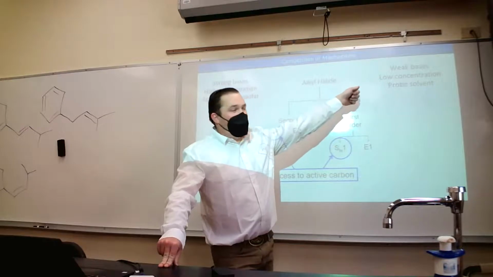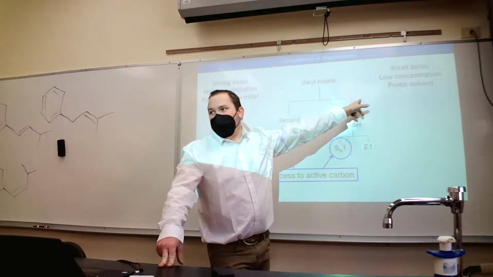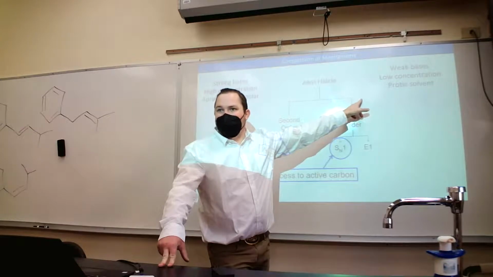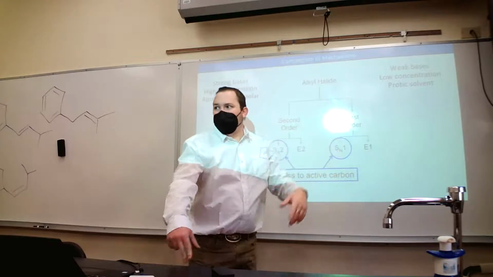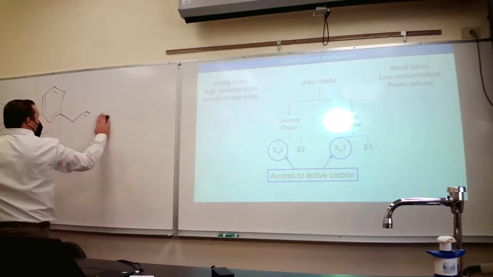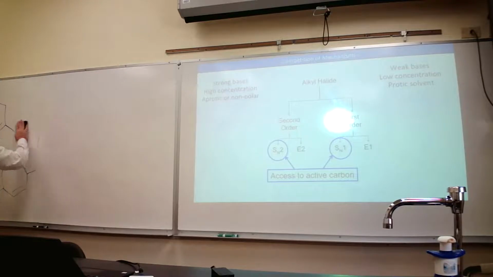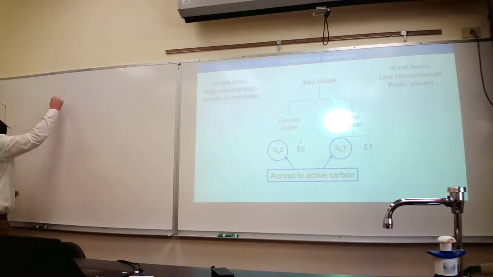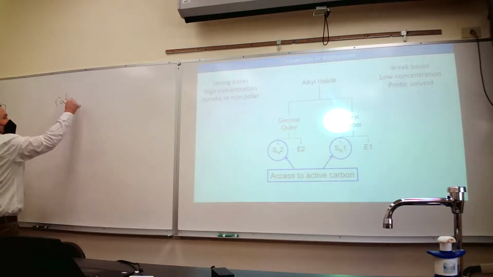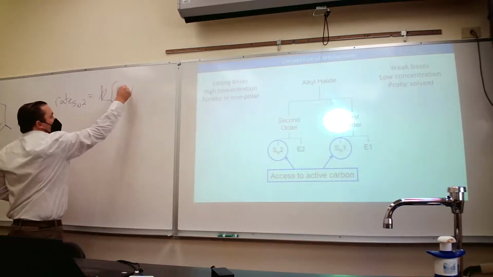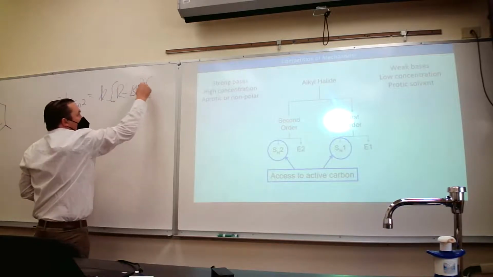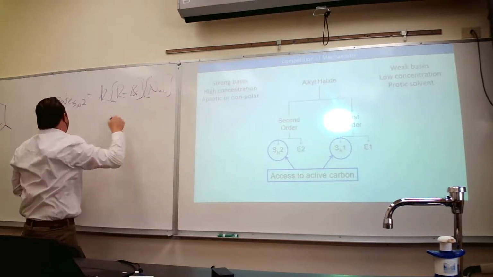So weak bases, weak nucleophiles, low concentrations favor first order reactions. Why might that be the case? Statistically less likely to run into each other? Yeah. If you look at the rate laws, so we say, okay, let's leave elimination off of it right now. If we had the rate of SN2, the rate law looks like this, right?